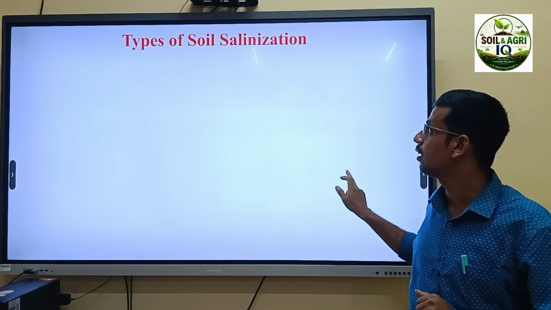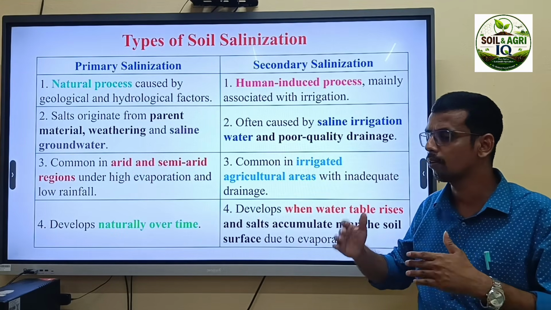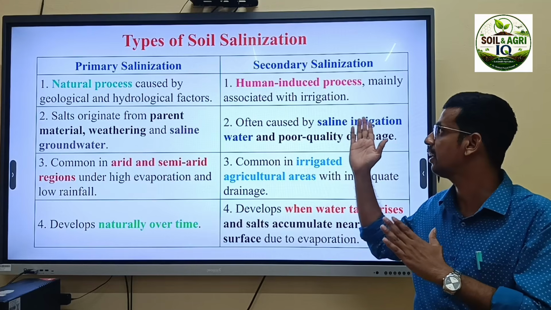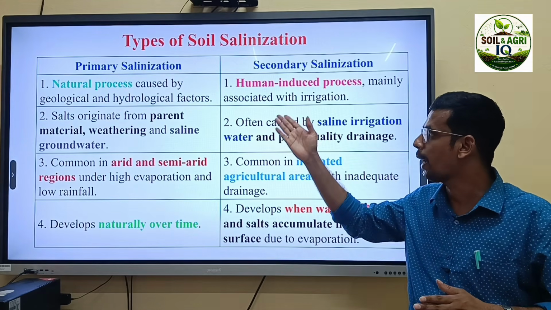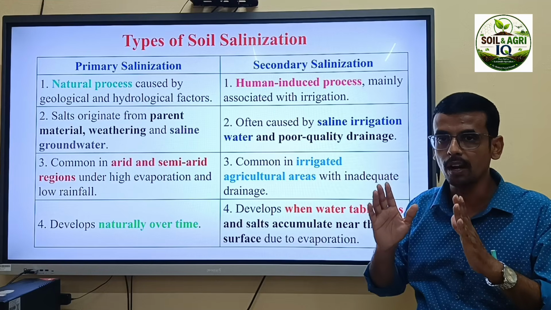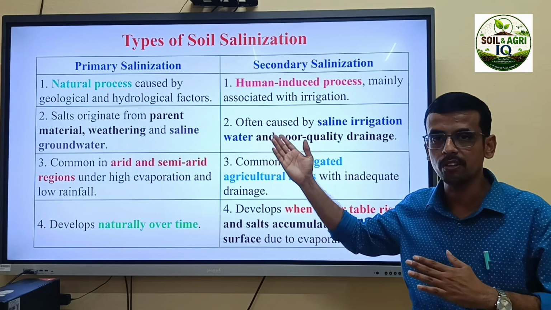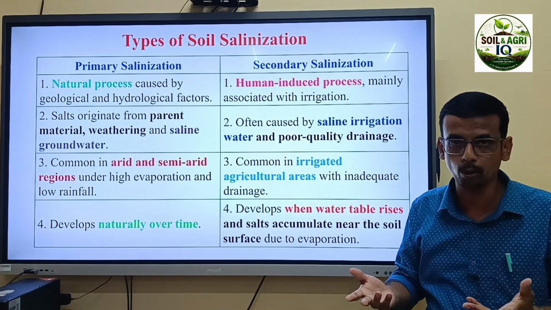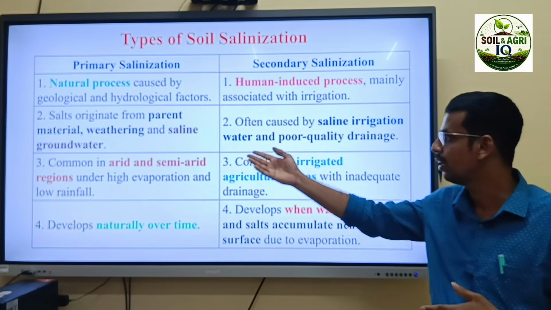Then coming to the types of soil salinization, because many times we are asked what is primary salinization and what is secondary salinization, sometimes asked in interviews also. Primary salinization occurs through natural processes, like geological or hydrological processes. Secondary salinization is a human-induced process, through applying salty irrigation water or other things.